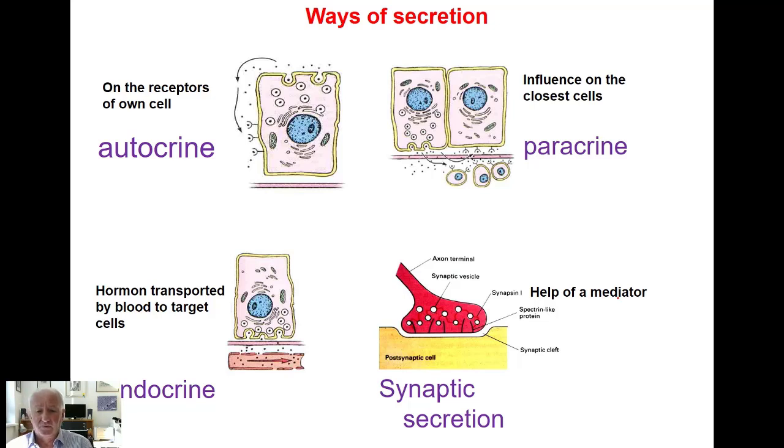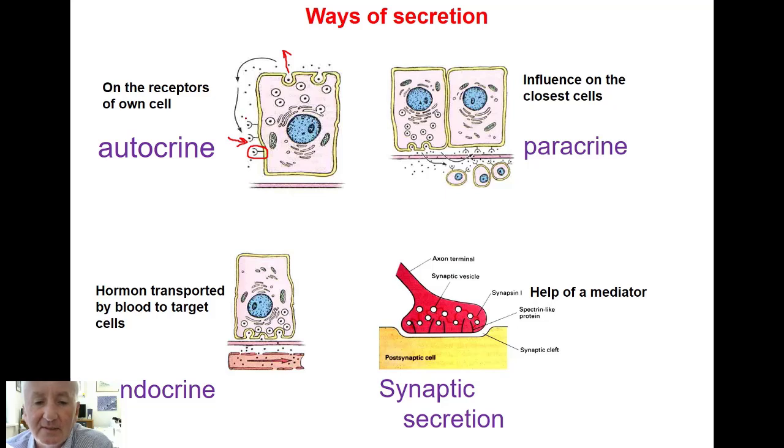Ways of secretion. Here we have four basic types. On the first picture you see the cell releasing the hormone by exocytosis, and this hormone is attached to the receptors on the same cell that released the hormone.